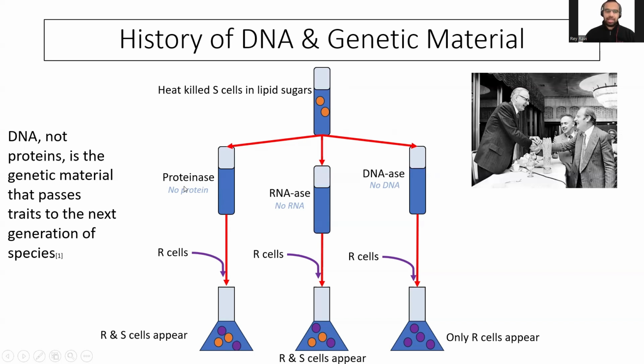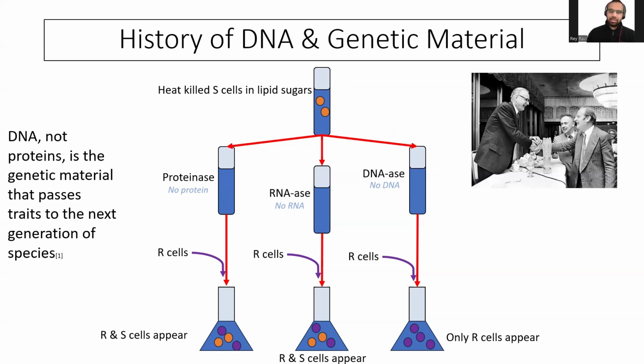One of them contained a proteinase, which denatured proteins and ensured that no proteins were in solution. Another contained RNase, which denatured RNA molecules and ensured that no RNA molecules were in solution. And a final contained DNase, which denatures DNA and ensured that no DNA was in solution.